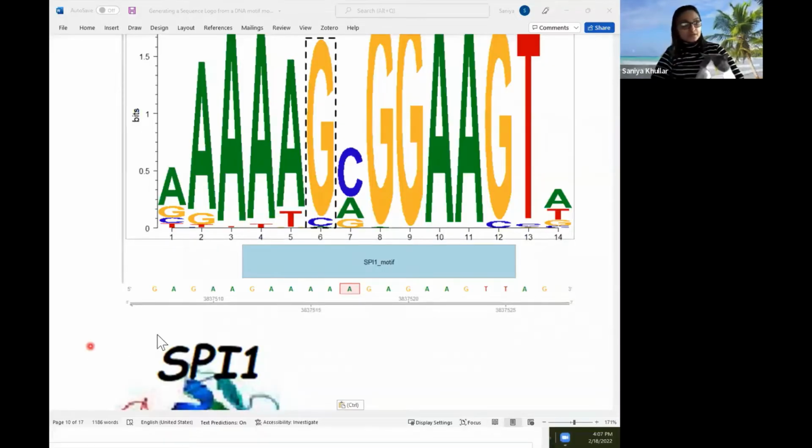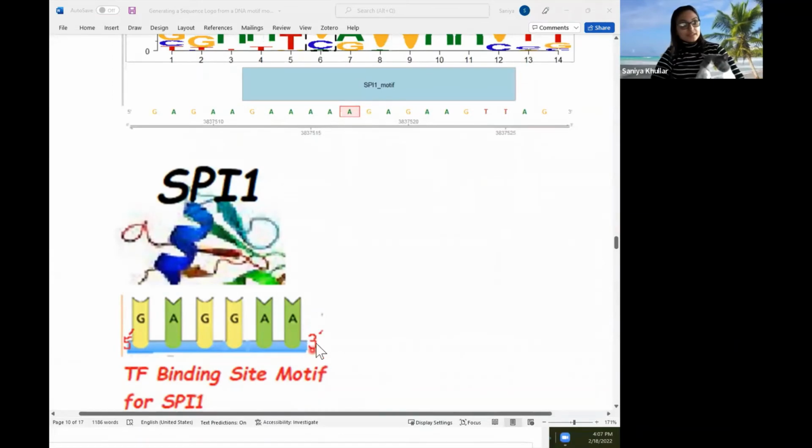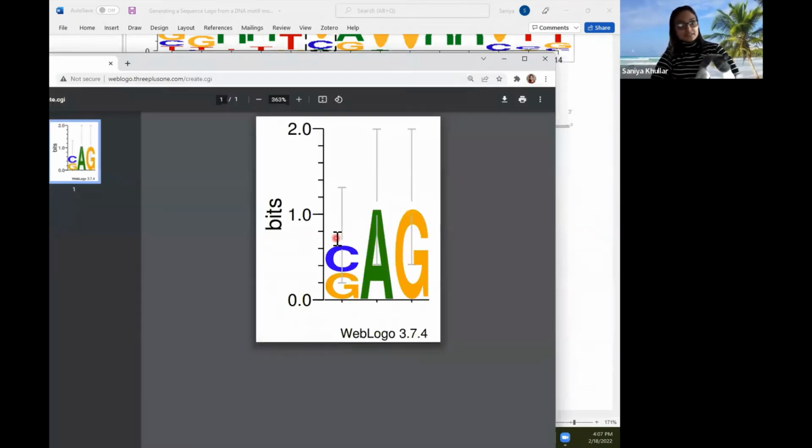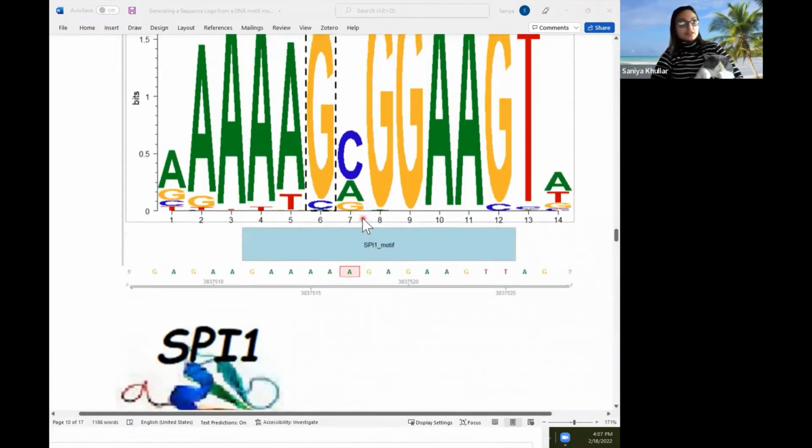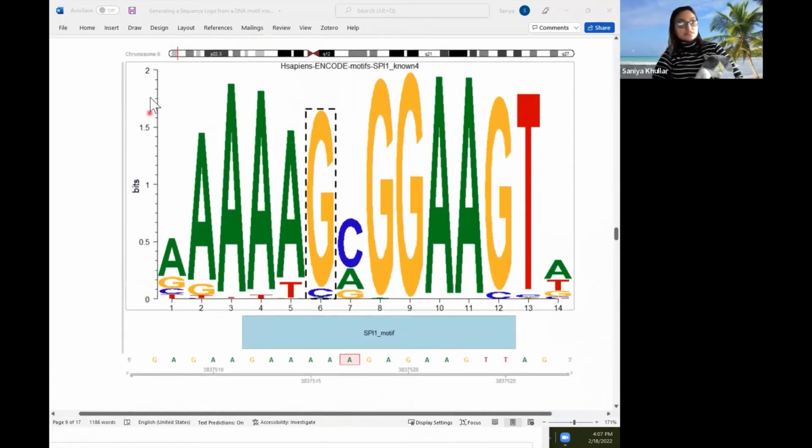And I want you to see that SPI1 recognizes this region in general. We were looking at examples where you can see when there's uncertainty, like C and G and A and G in that example, the height's not so high, but when it's definite, the height shoots up. This is the same idea. This WebLogo is generated for this motif, with height between 0 and 2.